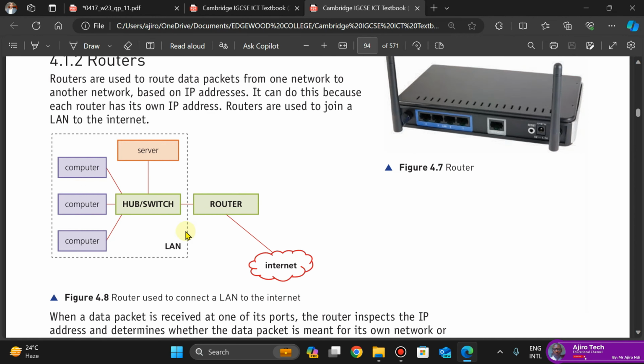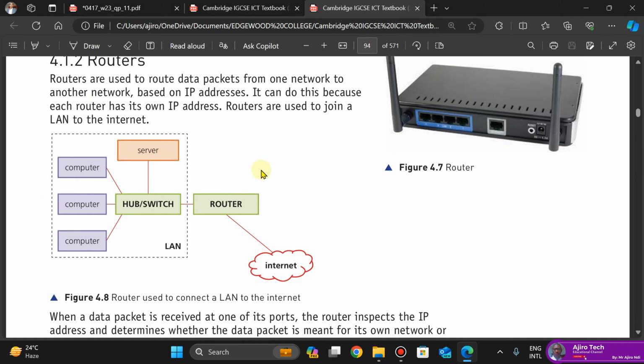Now for the router, what the router does is to route any data packet. What are data packets? Data packets are the information that is sent over the network, and they are split into various bits and assembled at the end at the destination. So what the router does is to route that data from one network to another.